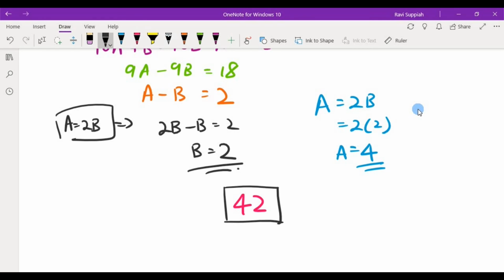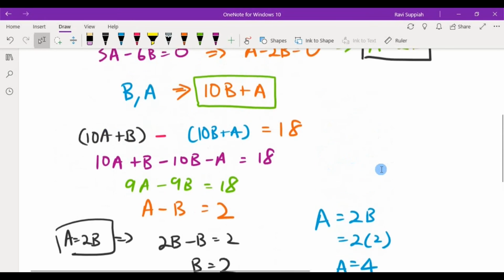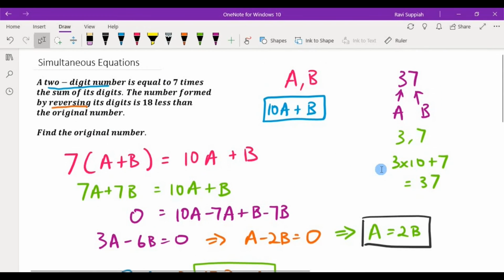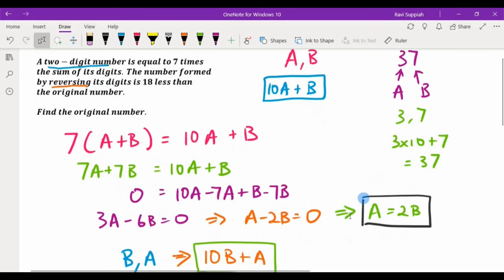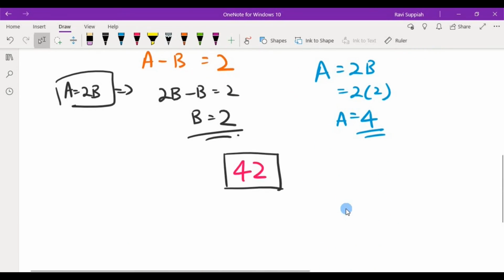To verify, we can look back at the information given in the question. The two-digit number is equal to 7 times the sum of its digits. 7 multiplied by 4 plus 2, which is 7 times 6, gives 42. Correct.